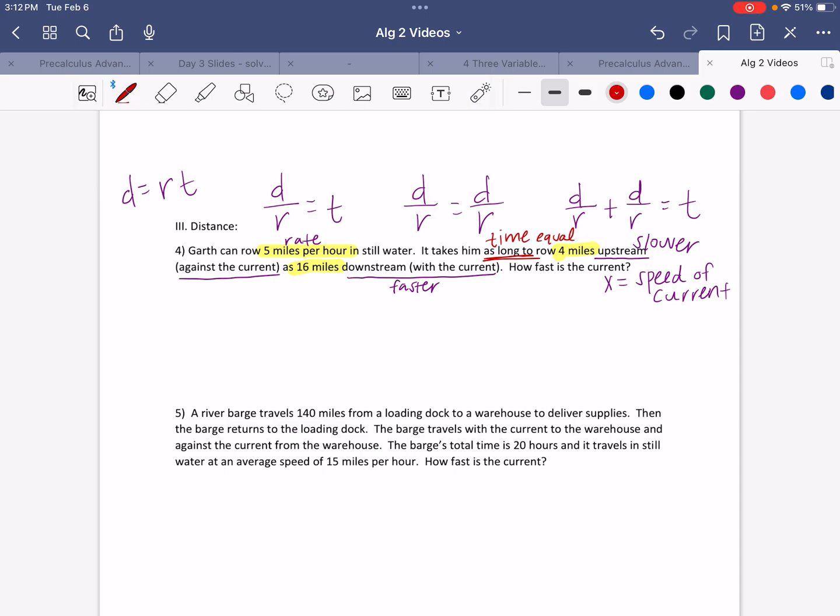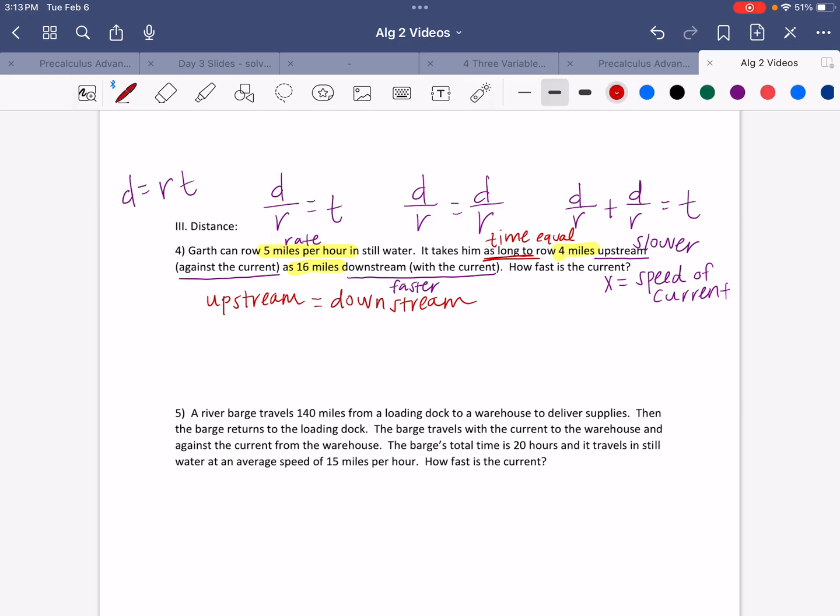So I think what it's saying is our upstream time is equal to the downstream time, even though he's going two different distances. Now I'm going to look at the problem. Since I don't know time, I'm going to replace the time with distance over rate.